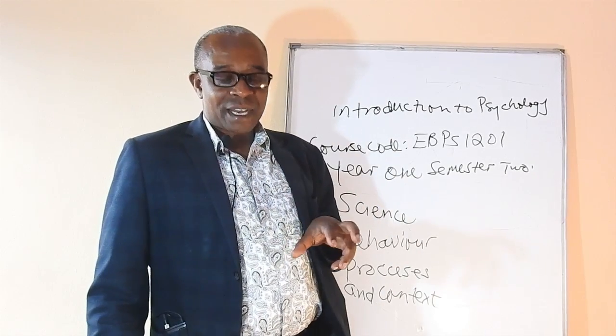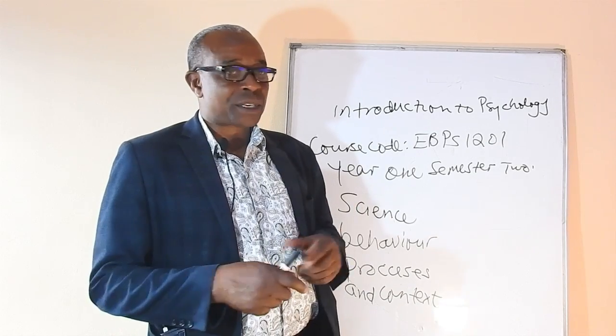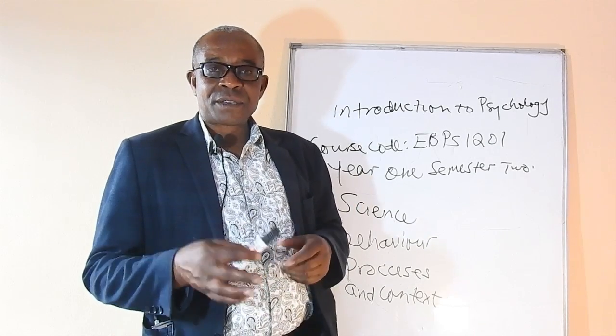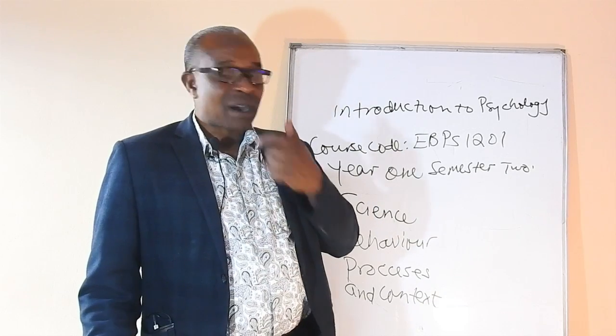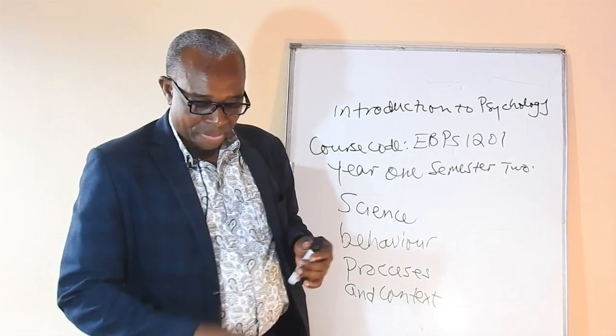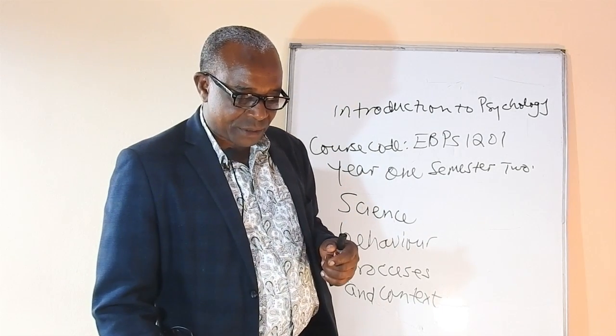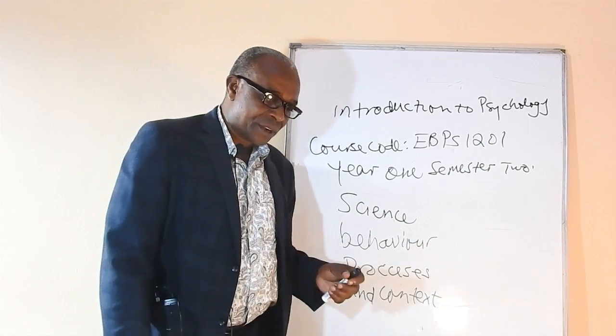So once you have done something and you have gotten the information through experimentation or observation, this information is only taken to be true when other people have taken up similar studies and have come up with the same results.